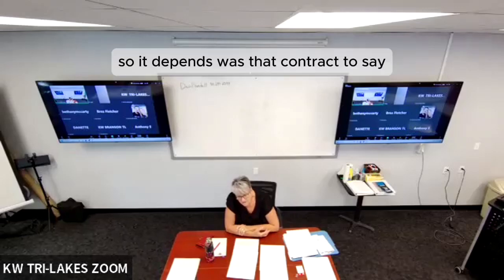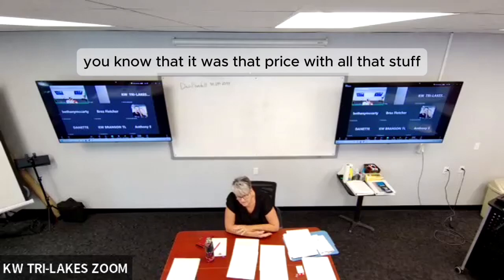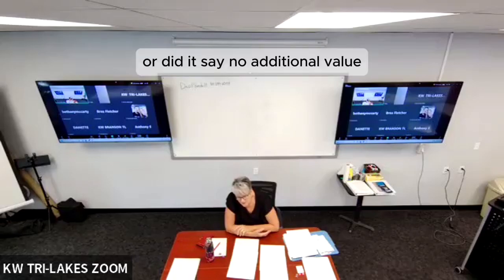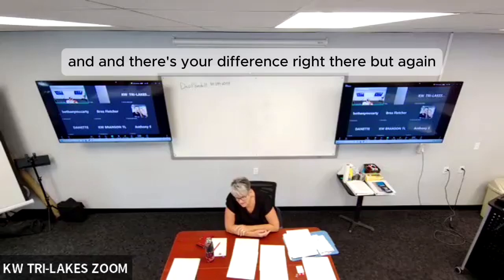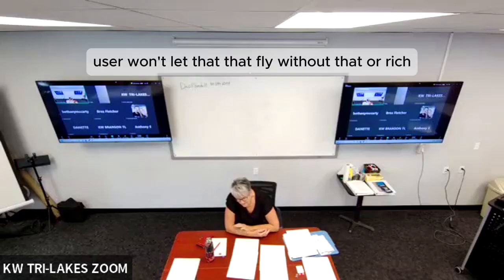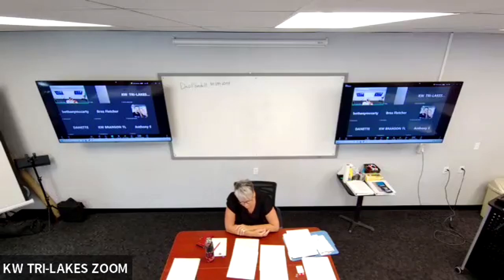So it depends. Did that contract say that it was that price with all that stuff, or did it say no additional value? And there's your difference right there. But again, lenders usually won't let that fly without that verbiage.